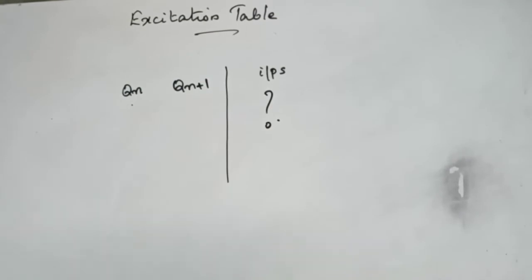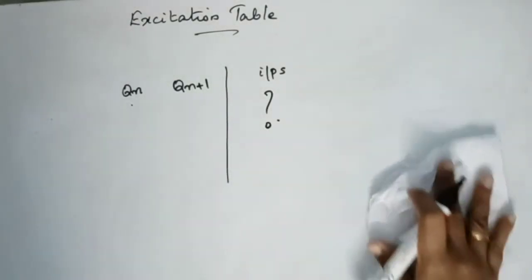So we know the old state and the new state, and we want to know what the inputs should be in order to get Qn plus 1 if Qn was this. In the characteristic table, knowing the previous state Qn and the input we give, what will the next state be? So that is the difference between the characteristic table and the excitation table.